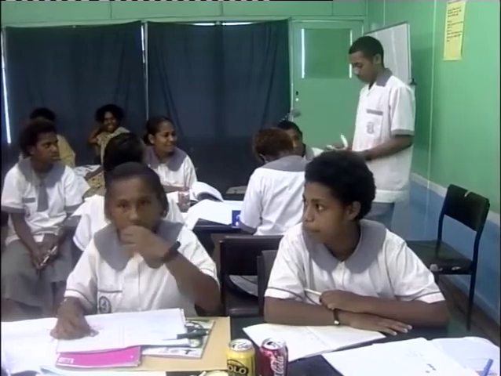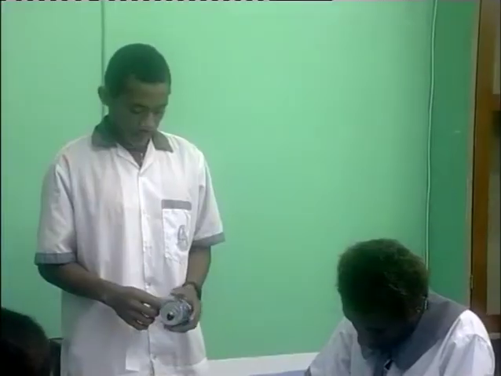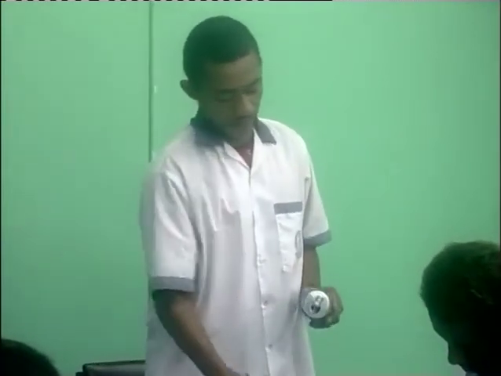Class, let's see how Eddie can measure the circumference of the can there. Eddie, you explain to us how you can measure the circumference. Place a strip of paper on a cylindrical object and wrap it around. Stop where the edge of the first paper is.